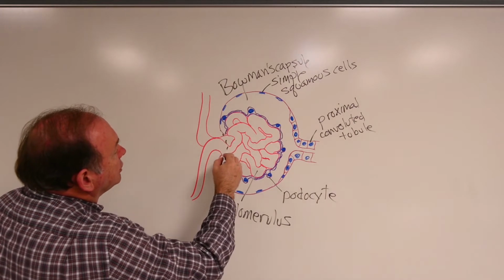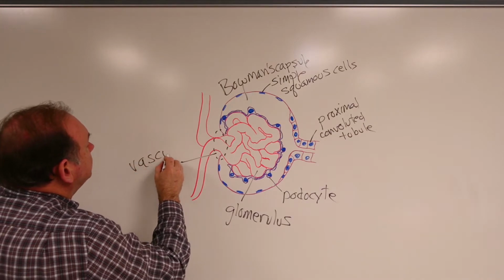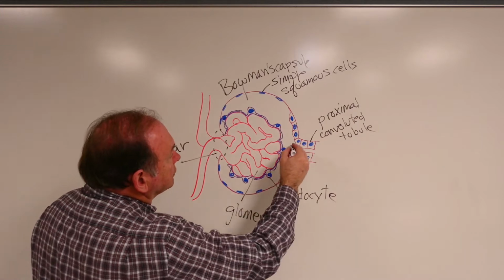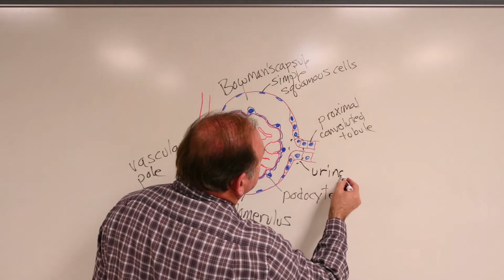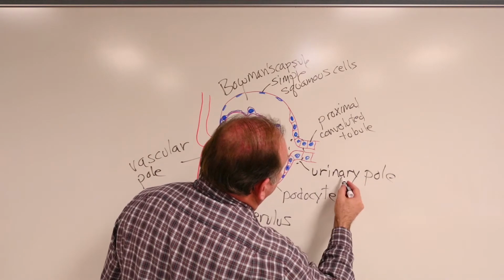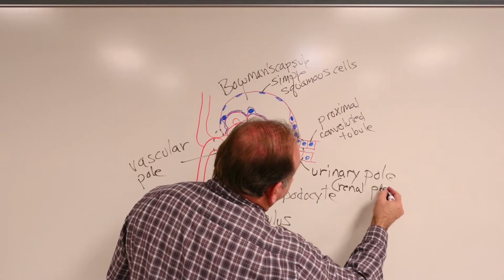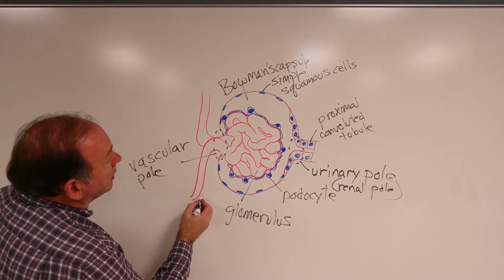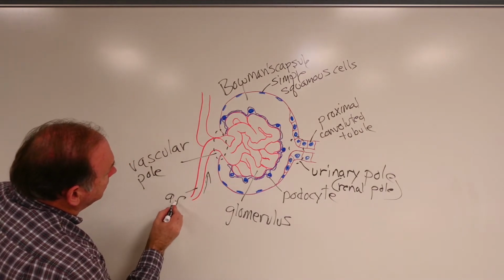This general region over here would be the vascular pole. This over here would be the renal or urinary pole. We'll just assume this is bringing the blood in as an afferent arteriole.